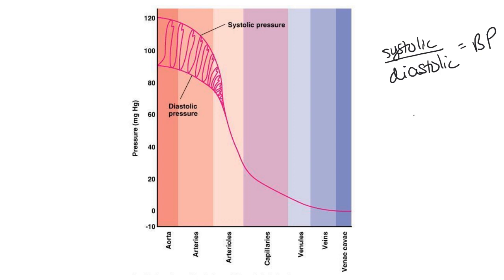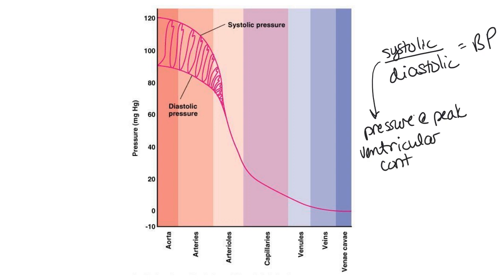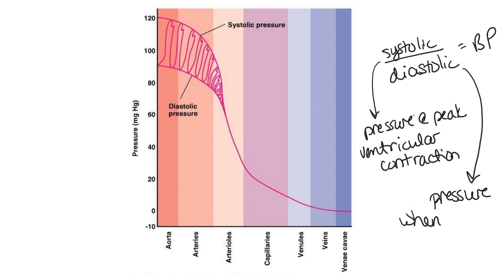So our systolic pressure is going to be our pressure at the peak ventricular contraction. So our diastolic pressure is going to be the pressure in diastole. So this is going to be the pressure that the blood has in the vessels when the ventricles are relaxed.